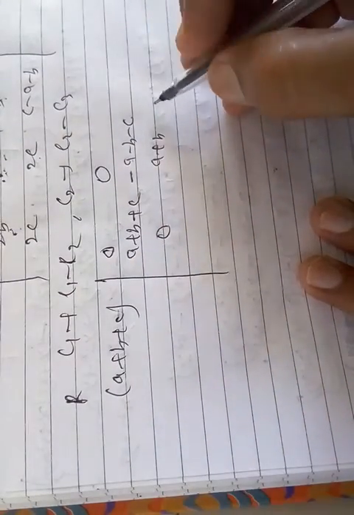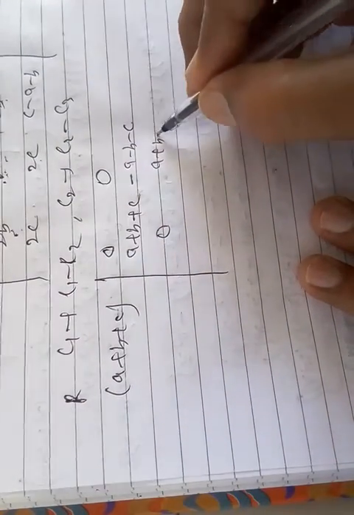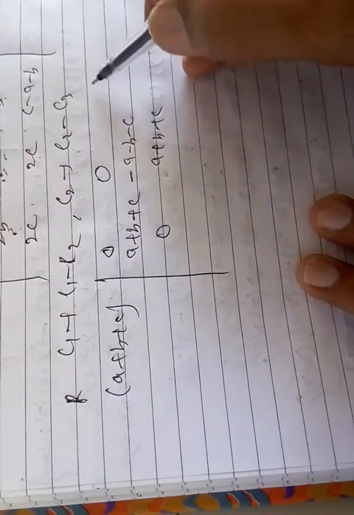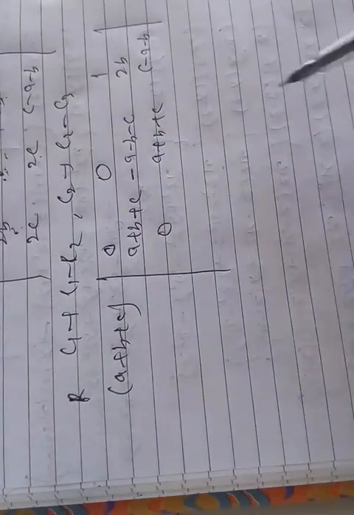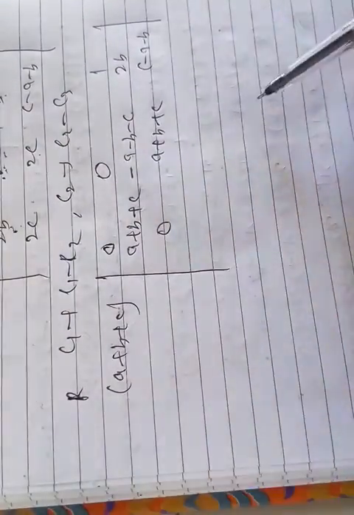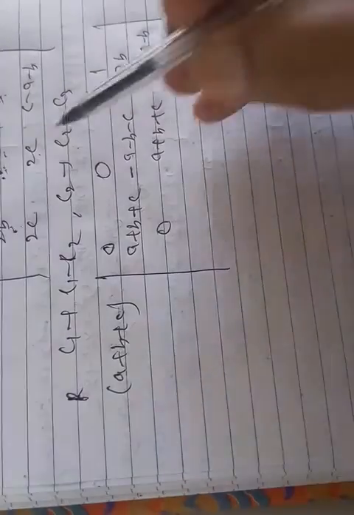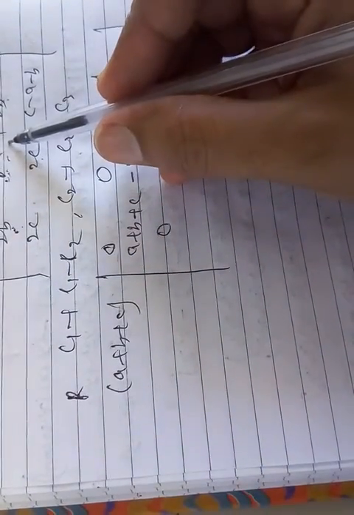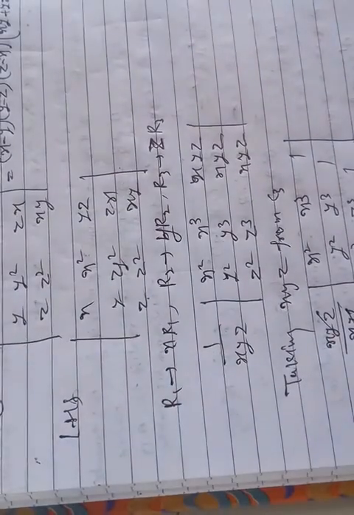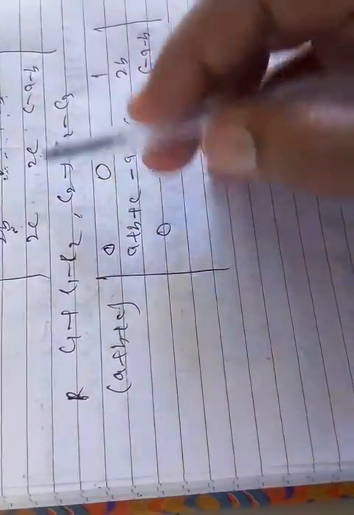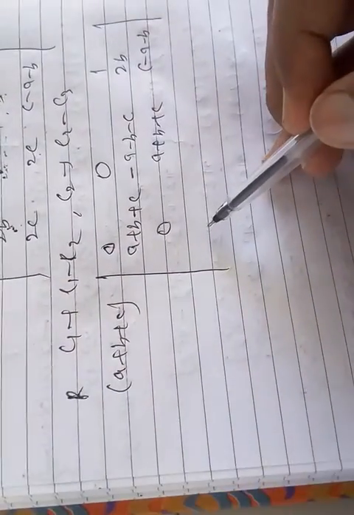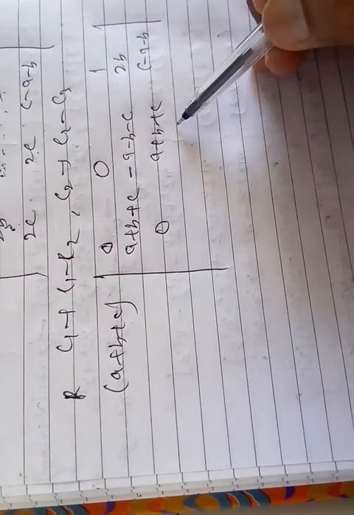Okay, a plus b plus c, and that 1, 2b and c minus a minus b. Okay, so taking common from this, 1 minus 2b, b minus c, b minus c minus a, 2c and 2b. Okay, the entries are already changed, so this is a plus b plus c and this is also a plus b plus c, common.